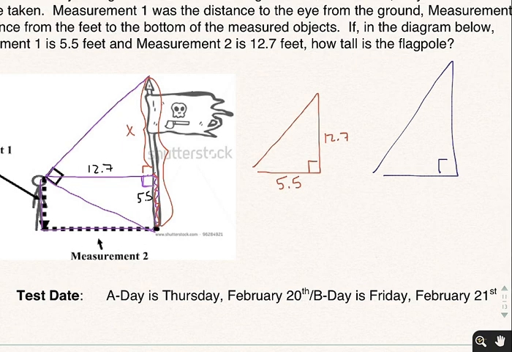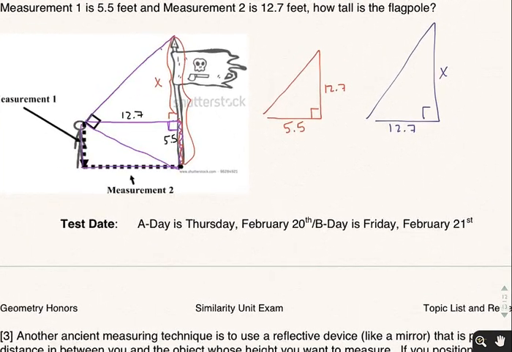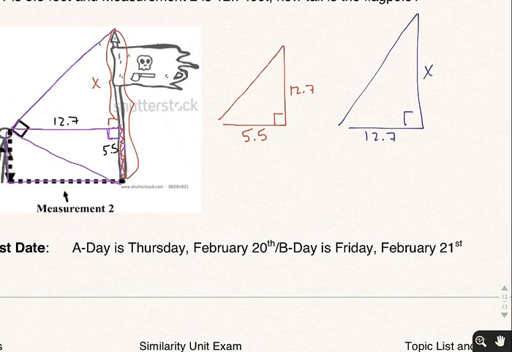Oh, excuse me, I don't have to do a little switcheroo. So that would be 12.7 here, and then of course I'm trying to find x. Okay. Sorry about that, guys. I was thinking about angles. But anyway, we do have two similar triangles here.